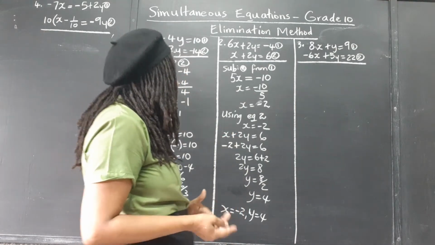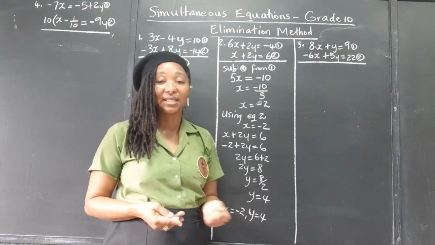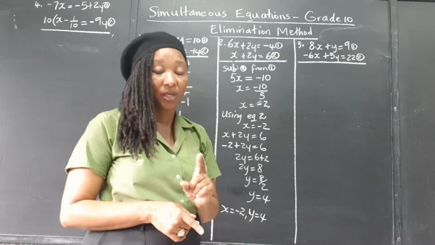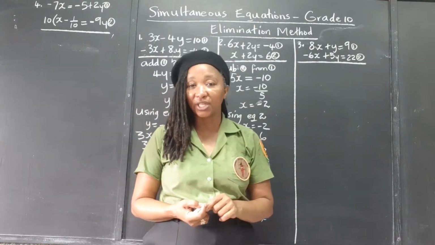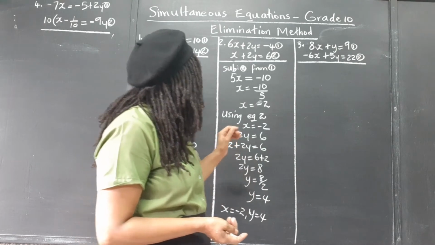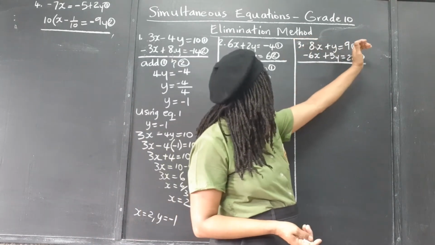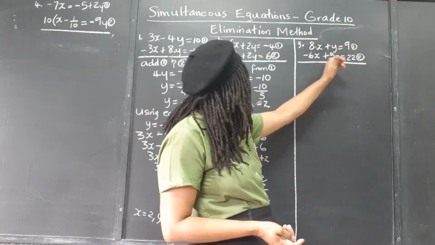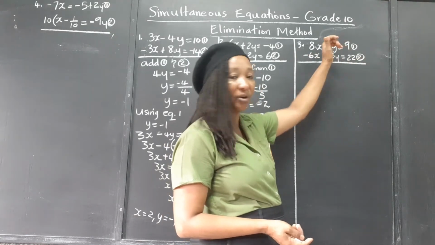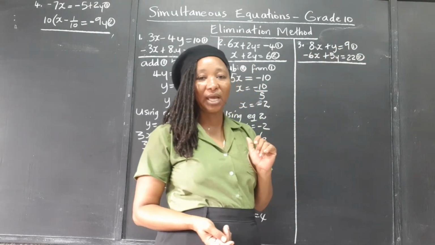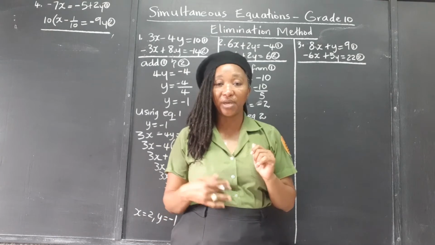So how do we get at least one pair to have the same coefficient? What we'll do is multiply the entire equation by one coefficient and this equation by the other coefficient.